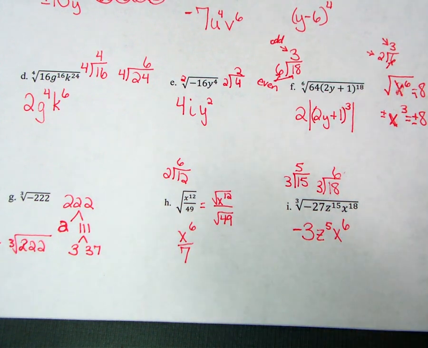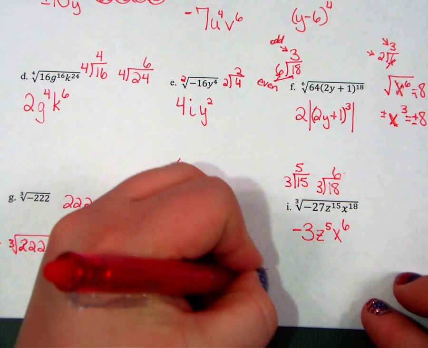Now, most of these problems were pretty straightforward, but on your homework, you're also going to have some that have some remainders. So let's take a look and see what that looks like when we have a remainder. The process remains the same.